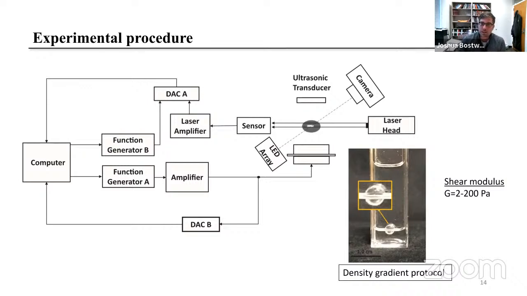So one is the figure shown down here on the right. This is the procedure for how we make our gel drops, which we can tune over a large range of shear modulus, from basically 2 to 200 pascals. So basically what we do is we make a solution that has a density gradient, and we inject our agarose gel solution that has not been gelled into this interface.